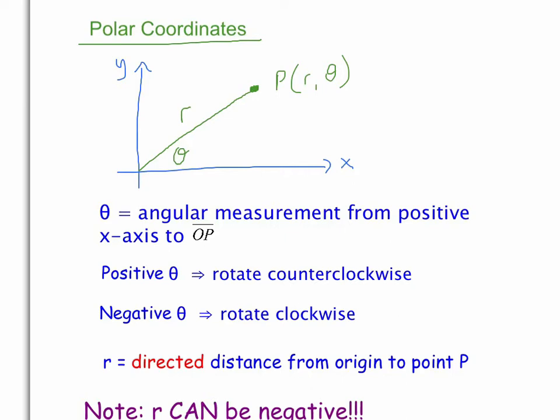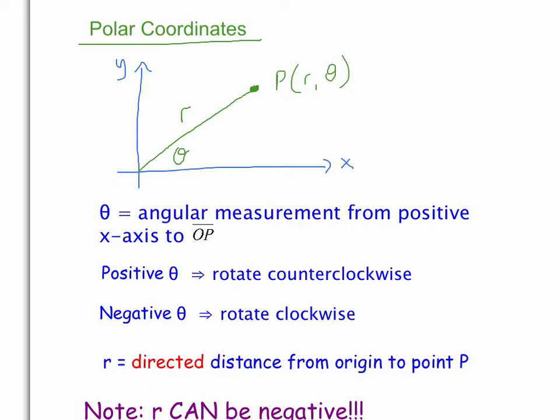The r represents the particular distance that we need to travel always from the origin out to that respective point. The angle theta is going to be very similar to how you understood theta with trigonometry and how you use that to rotate around the origin.